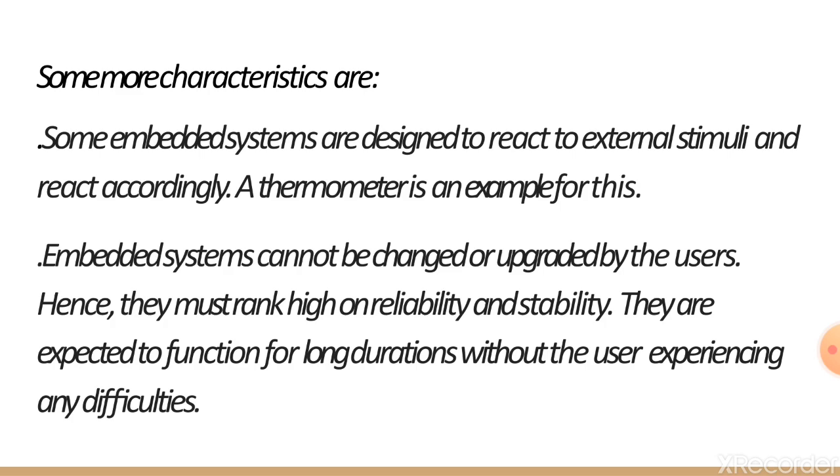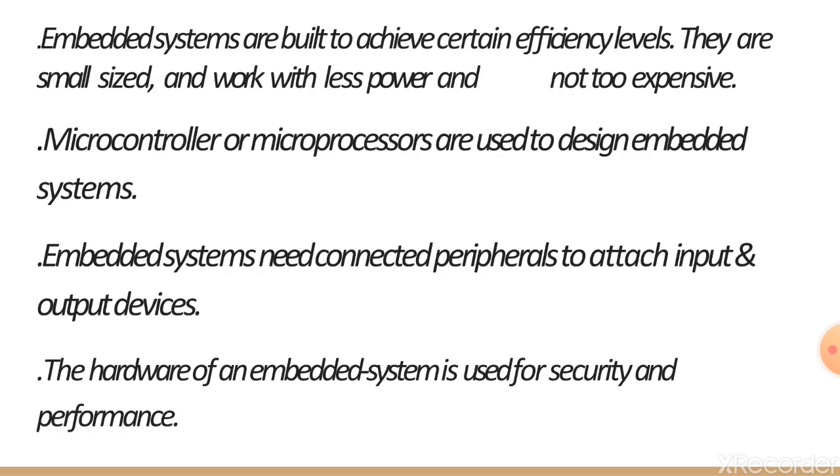Hence, they must rank high on reliability and stability. They are expected to function for long durations without the user experiencing any difficulties. Then, embedded systems are built to achieve a certain efficiency level. They are small sized, work with less power, and are not too expensive.